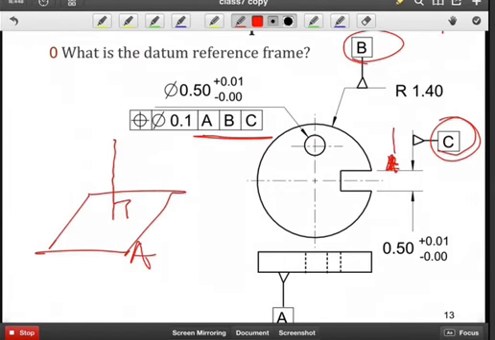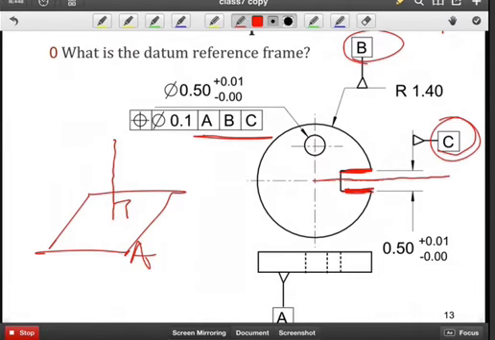So if we had something like this, then the datum is completely different, right? Then we would be talking about this surface. But as we can see, it's attached to the dimension line, and therefore it corresponds to the slot feature as described by these two surfaces, and therefore it is the midplane of those surfaces.